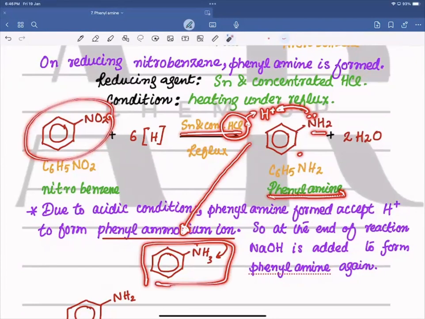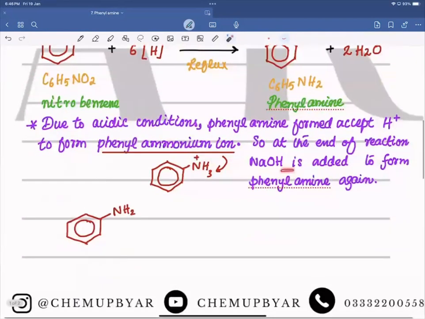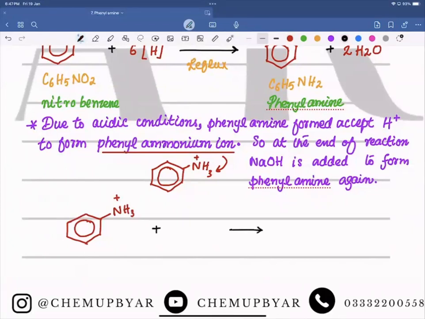So what will happen if we add the alkali? When we add the alkali, it gives us hydroxide ions. So this releases the hydrogen ion to neutralize the alkali, and water is formed, and again we got phenylamine. So that's why we are adding alkali at the end to restore phenylamine. So that's how we will get NH2 at the end.